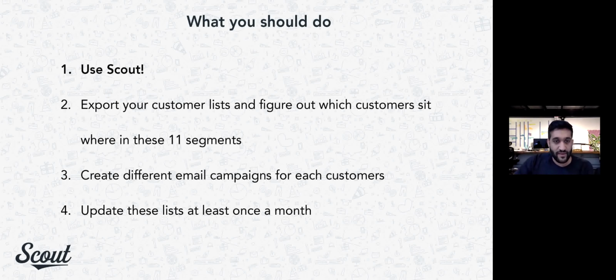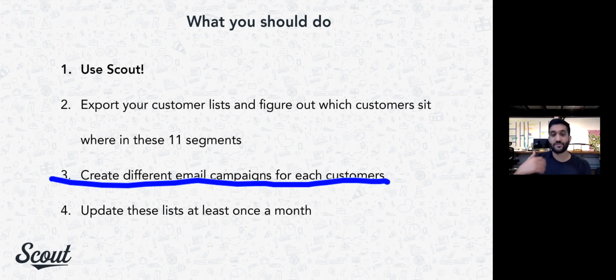And then, like I said earlier, you want to create specific campaigns, specific messages for each one. So think about what that messaging will be like, right? What do you want to say to your best customers? What do you want to say to customers that need attention? So start thinking through what an email drip campaign might look like for each one of these different segments, and just start using them. You can use apps like Mailchimp or Klaviyo, or even, I think, Drip is another one that's really cool.